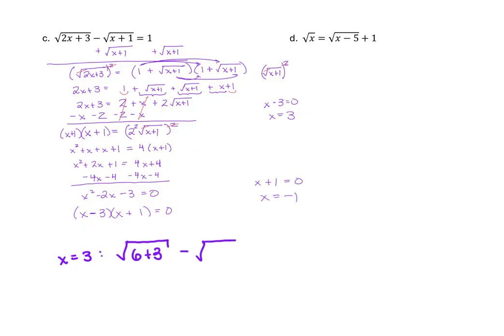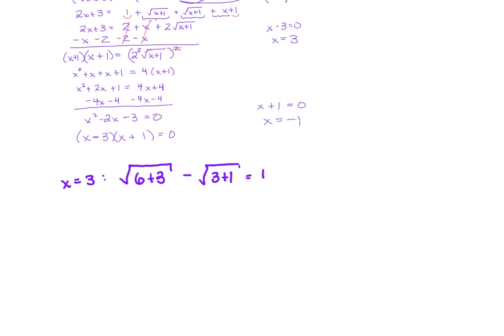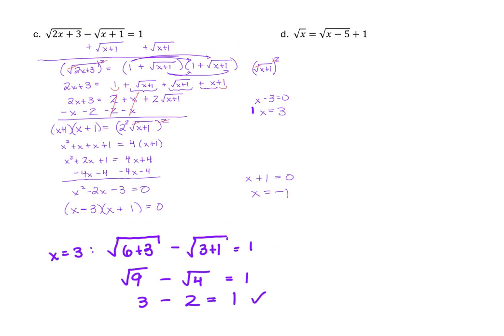All right, we go ahead and plug into the second one. We get 3 plus 1. And I want to know, is this equal to 1? And so when we simplify this, 6 plus 3 is 9. 3 plus 1 is 4. And when we take the square roots, we get 3 minus 2 equals 1. That does check out. And so what that means is I can go ahead and keep my negative 3. I'm sorry, keep my positive 3.